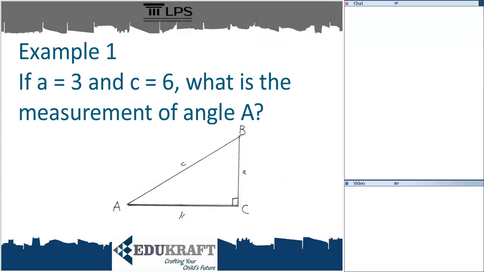Okay, let us look at a quick example here. What is the measurement of this angle A? Can someone quickly calculate and give the answer? I know that the opposite side is 3 and the hypotenuse is 6.